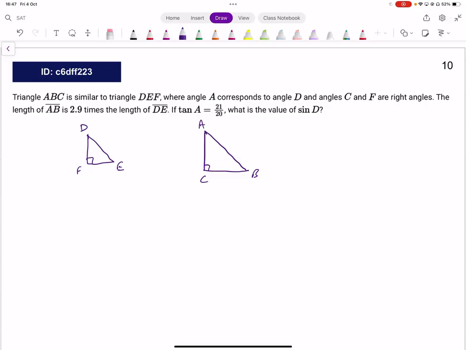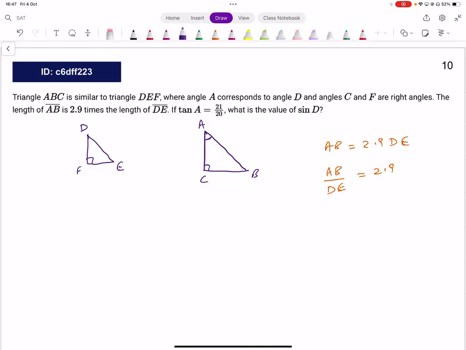Length of AB is 2.9 times the length of DE. So that's the ratio between the two sides. AB over DE, that is 2.9. Similar triangles, we know the ratio of two sides. If tan of A is 21 over 20, this is the angle A, its tan is 21 over 20.